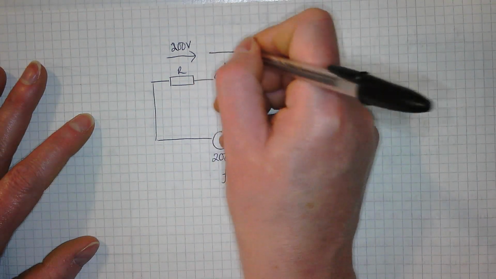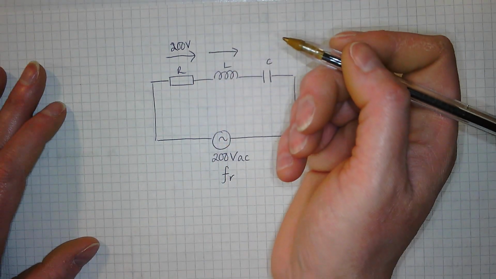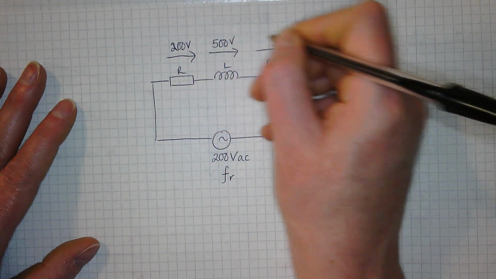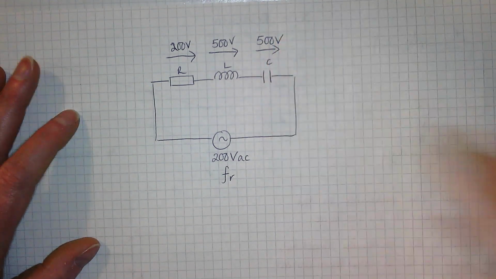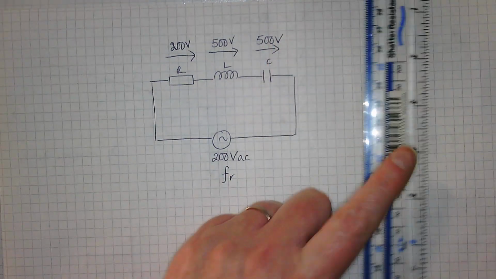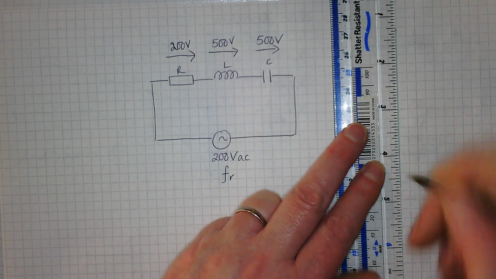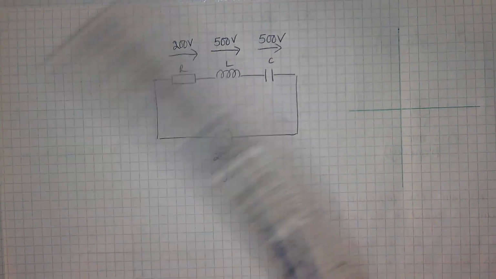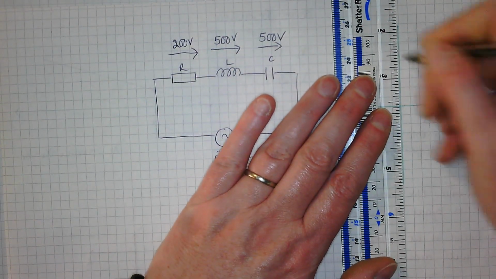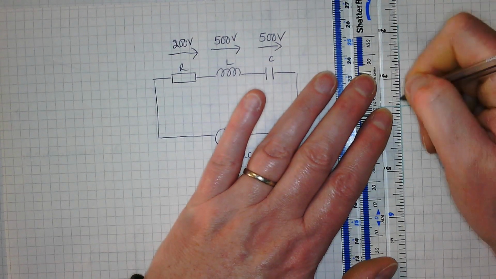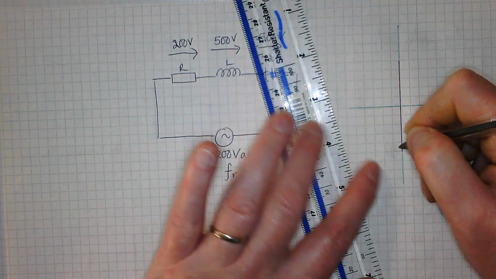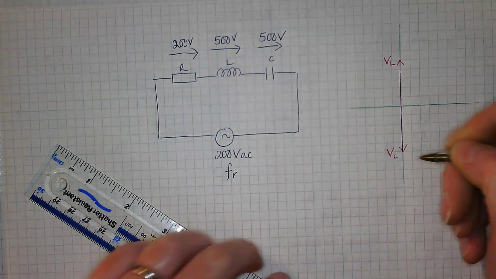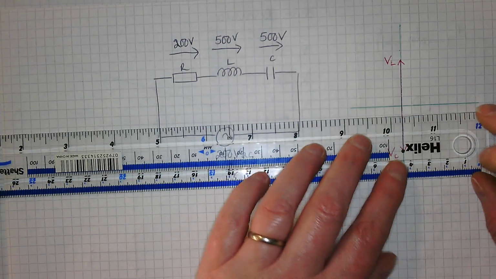Your voltage across your inductor could be far higher or far lower than that. That could be 500 volts. If that's 500 volts, that must also be 500 volts. Because on your phasor diagram, that would be your VL, that would be your VC, equal and opposite, cancelling each other out.